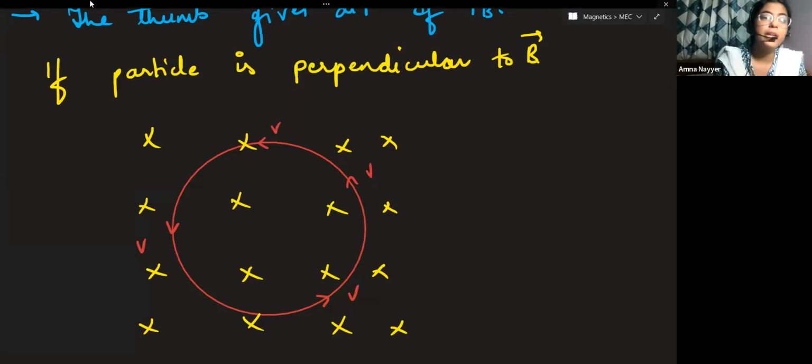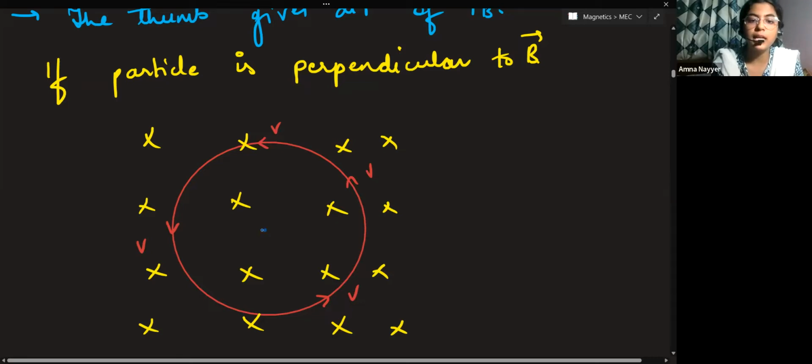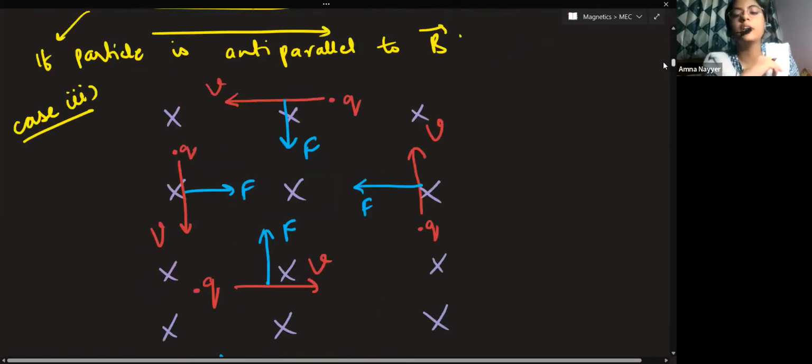And what did we observe? We observed that the force was acting at every point along the center only. Did you notice this? This will be the magnetic force. So if you look here, all the forces are actually pointing towards the center.